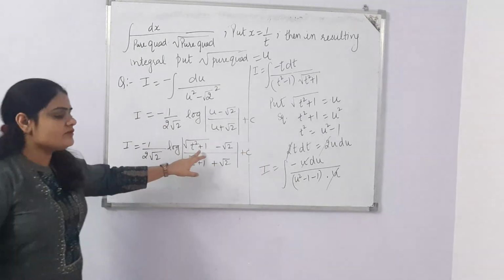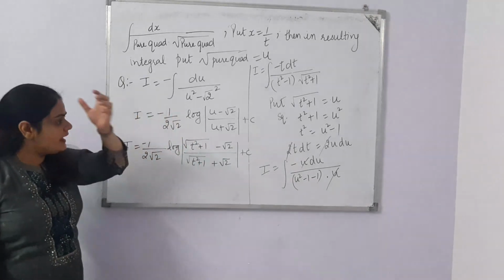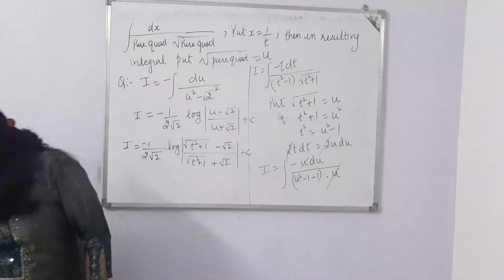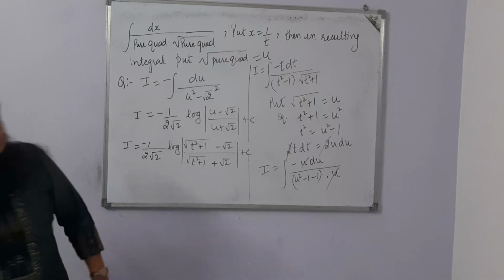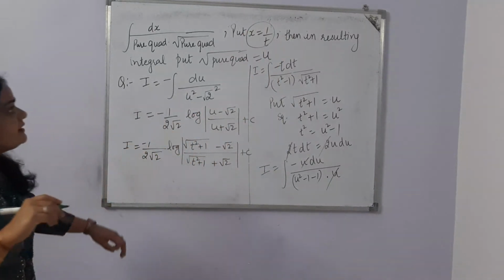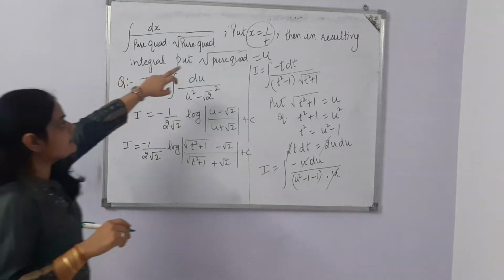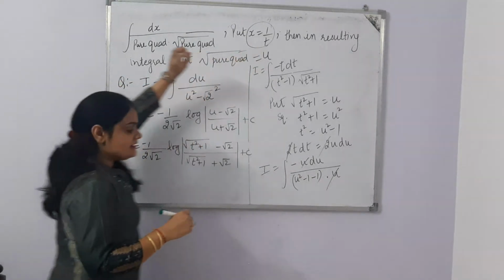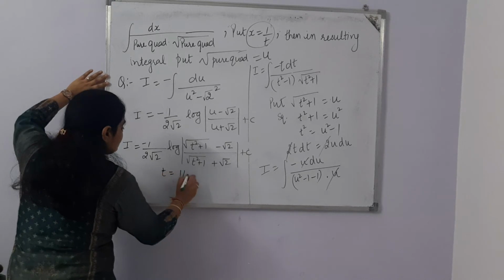Now it's in the form of t. Now we need to change it into x. We substituted x is equals to 1 by t. So that means t is equals to 1 by x, after taking its reciprocal.